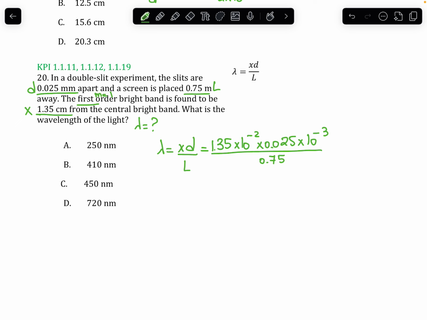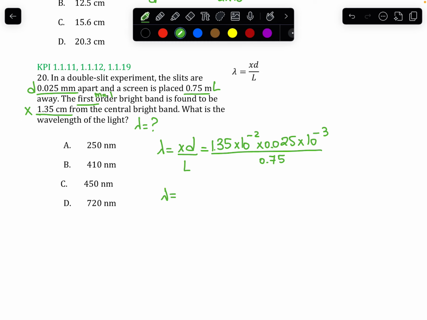This will give me, sorry, lambda equals 4.5 times 10 to the power of negative 7 meters, which is this one.